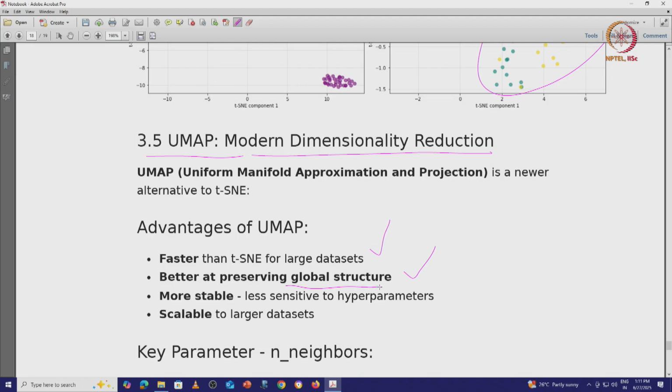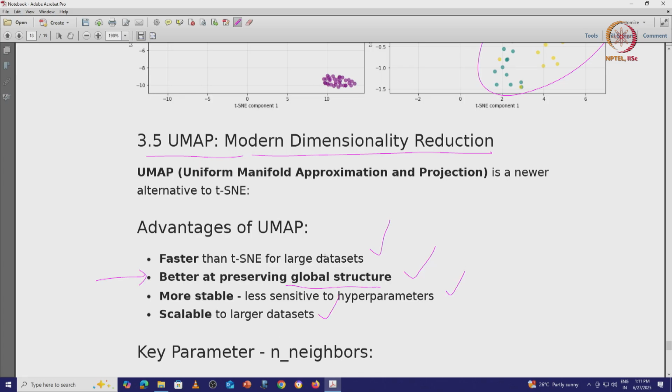The function we were minimizing, in one case the KL divergence, in the other case the cross entropy, is also different. Because of the use of the cross entropy, UMAP is better at preserving global structure and is less sensitive to hyperparameters and more scalable to larger data sets.